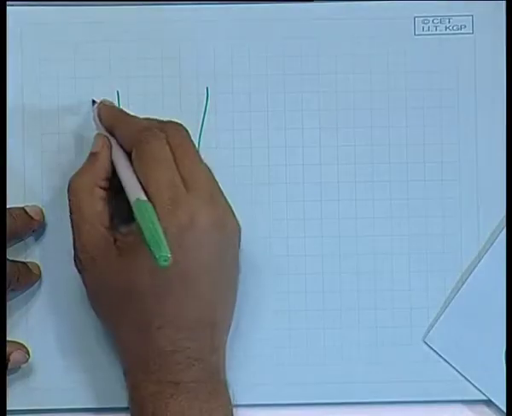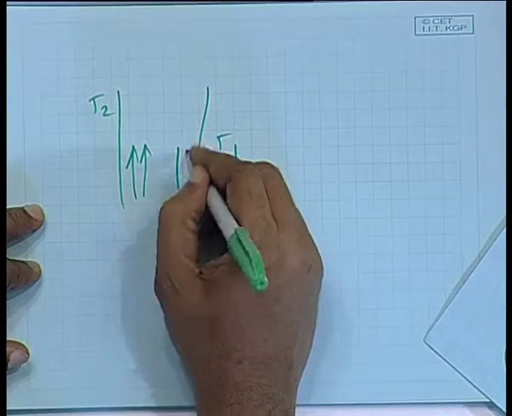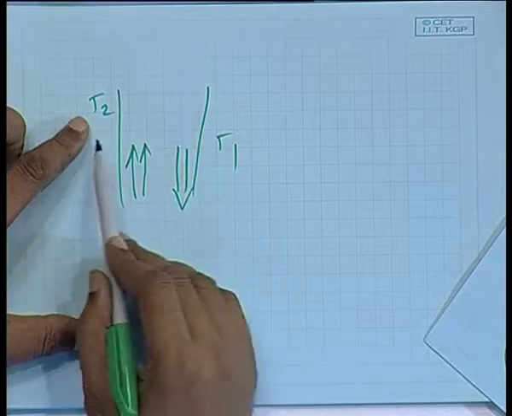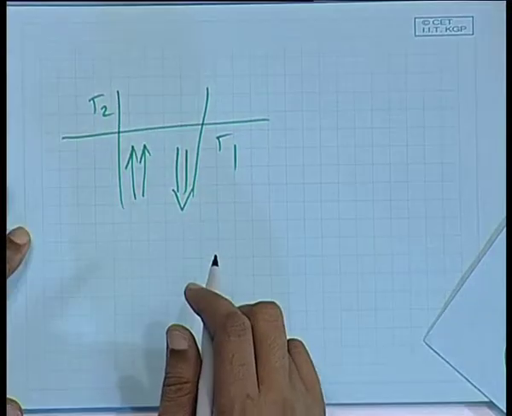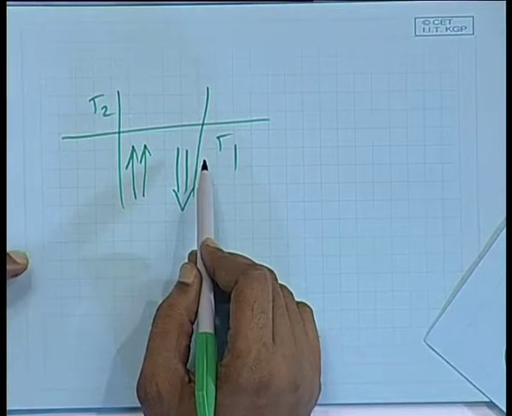The temperatures are maintained at T2 and T1, some liquid goes up, some amount of fluid comes down. I can always change this in such a way that there is no net flow between the two. That is possible. You can change the temperature differences to obtain that condition.